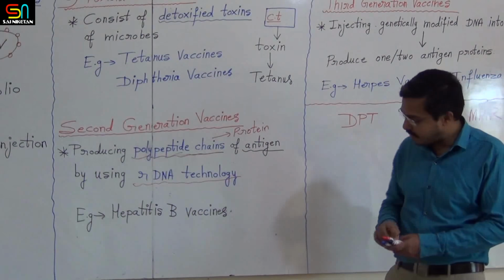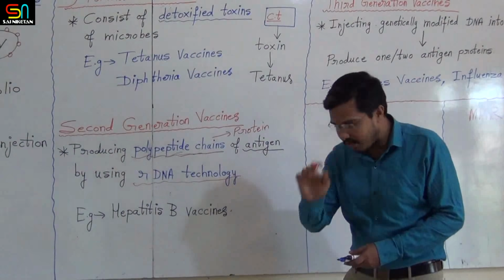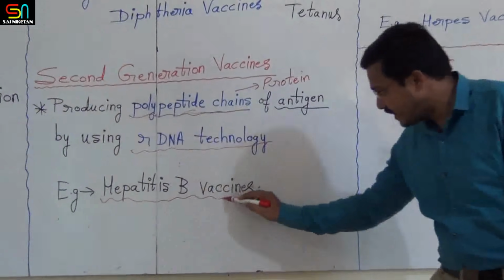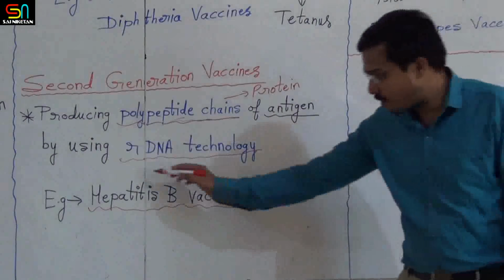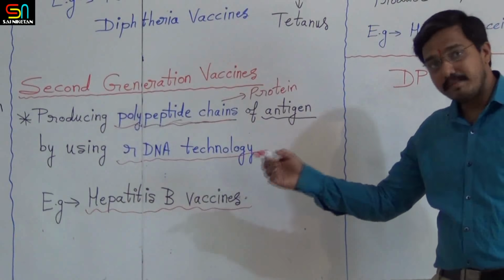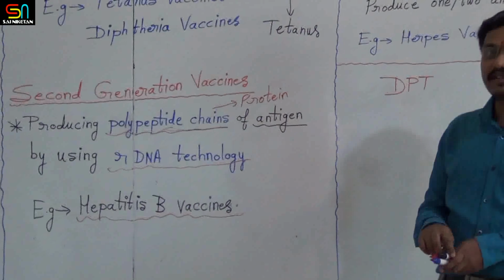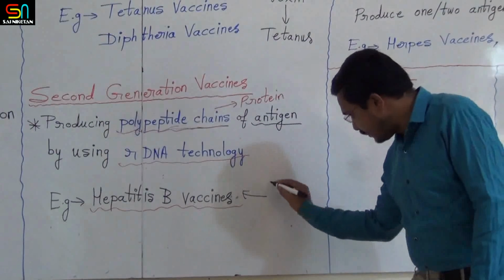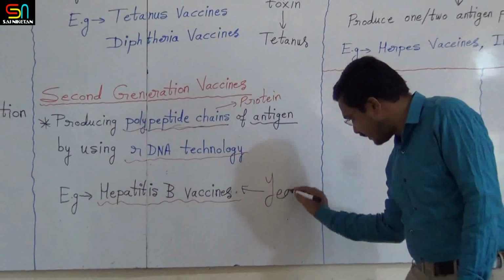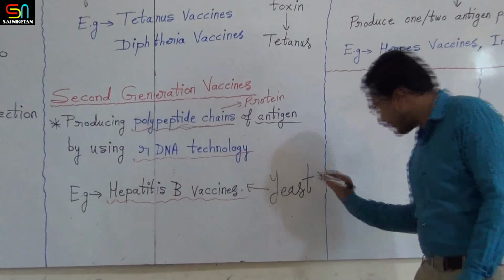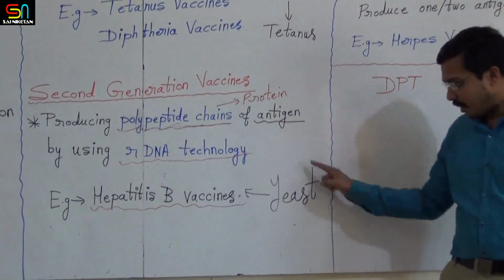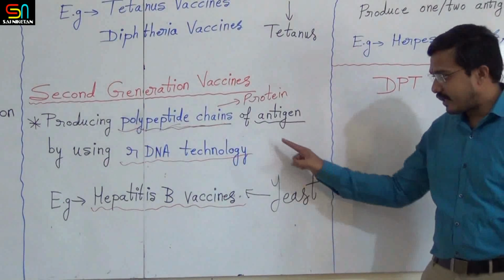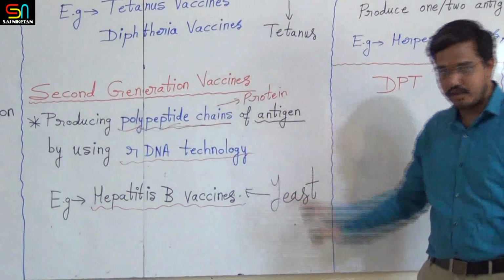One of the examples for second generation vaccine, which is very important for your competitive exams, is the hepatitis B vaccine. You know the disease called hepatitis, and hepatitis B vaccine is a second generation vaccine. This hepatitis B vaccine is produced by using the organism called yeast. The technology used is rDNA technology.